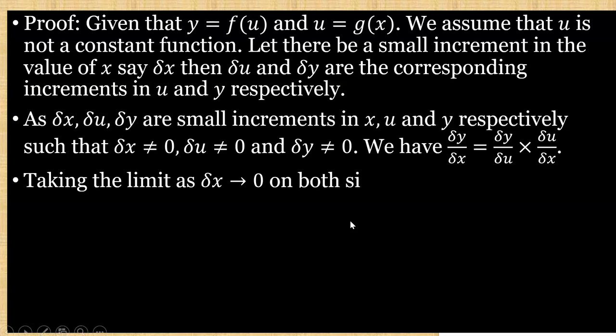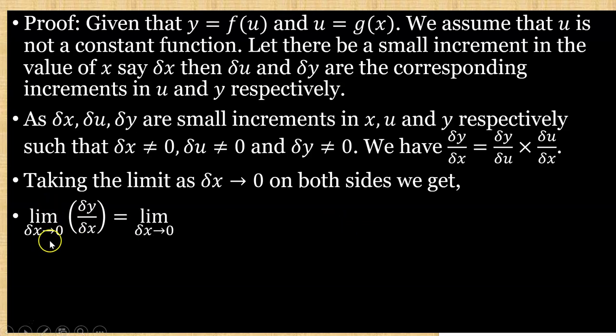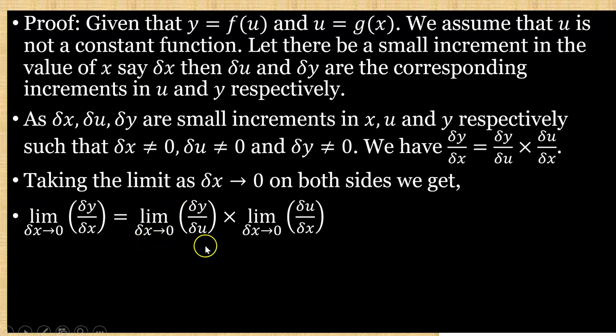Taking the limits as delta x tends to 0 on both sides, we get limit delta x tends to 0, delta y by delta x is equal to limit delta x tends to 0, delta y by delta u into limit delta x tends to 0, delta u by delta x.